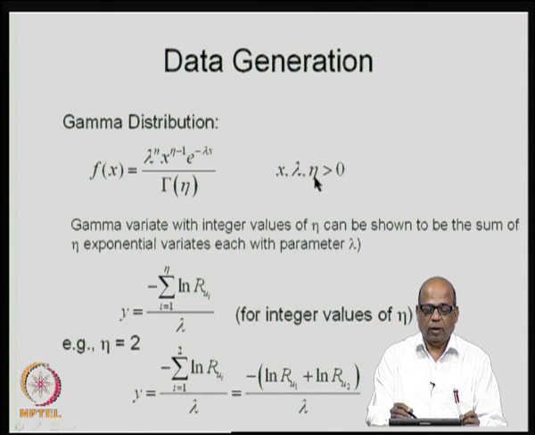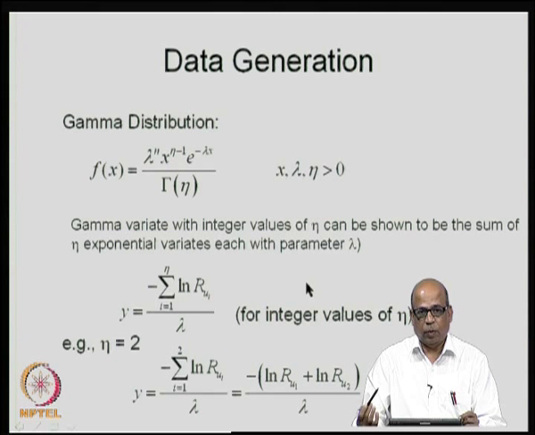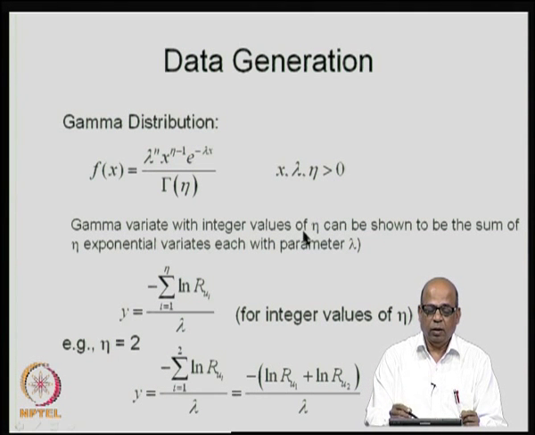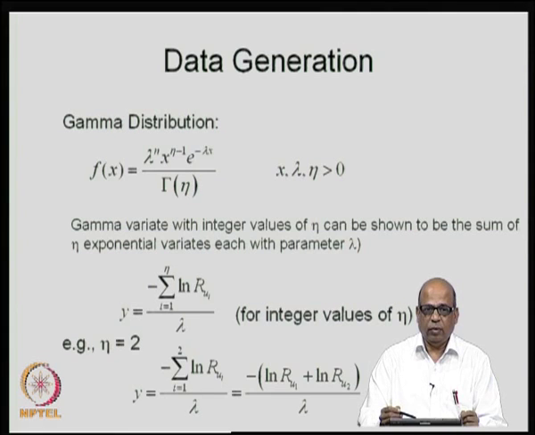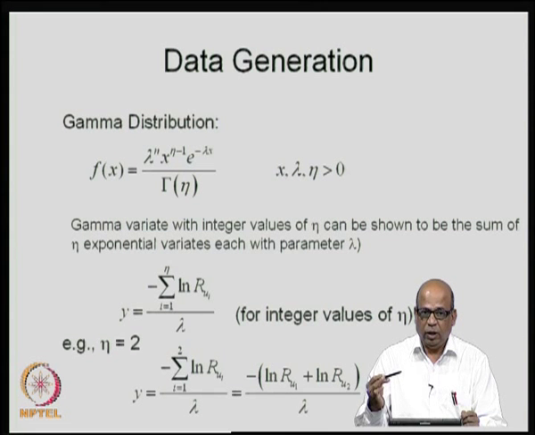Gamma distribution has two parameters, eta and lambda, and the exponential distribution, which if you recall is a special case of gamma distribution, has one parameter lambda. So, for integer values of eta, the gamma variates can be equated to the sum of eta number of exponential variates.